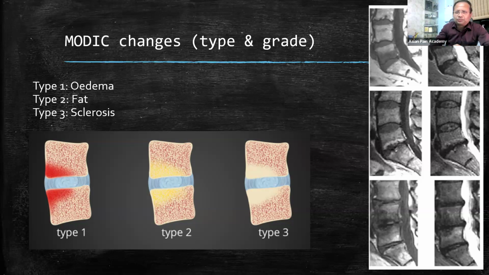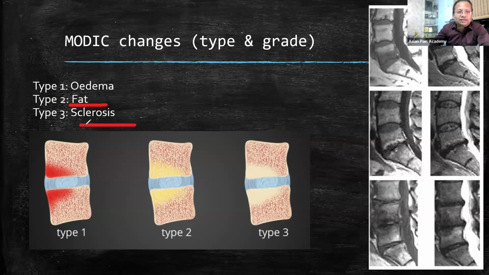But for us, one more important thing is Modic changes. What are Modic changes? Remember, Modic change means disc degeneration stages. You can say disc degeneration stages are staged by Modic changes. So type 1 means edema, type 2 means fat, type 3 means sclerosis.